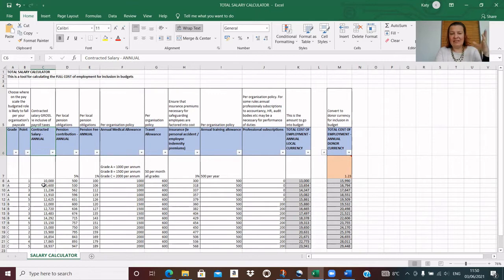And in this example, at this organisation, we also have pension contributions, we have a medical allowance, travel allowance, we have an allocation of insurance premiums, we have an annual training allowance, professional subscriptions contribution, and that makes up the total cost of employment here. And it's that then will go into our budgets.